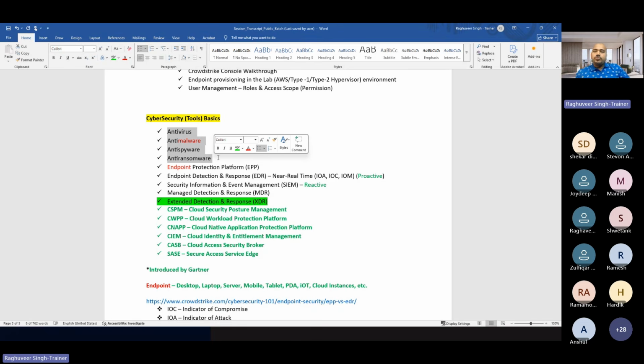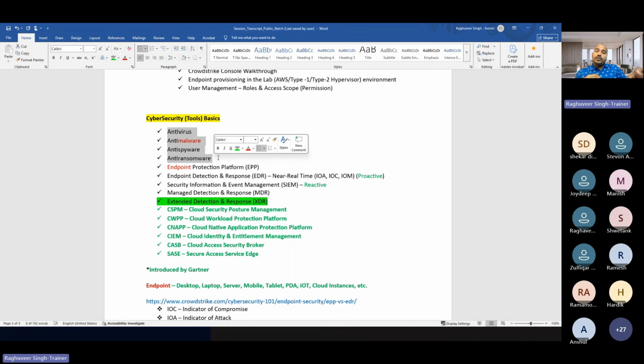Later on, during the COVID period, Gartner came up with another study, and Gartner said that security has become so distributed that organizations are ending up using multiple security solutions. For vulnerability management, they are using Qualys. For email security, they are using a different solution. For endpoint security, they are using CrowdStrike. For network security, they are using a next-gen firewall.